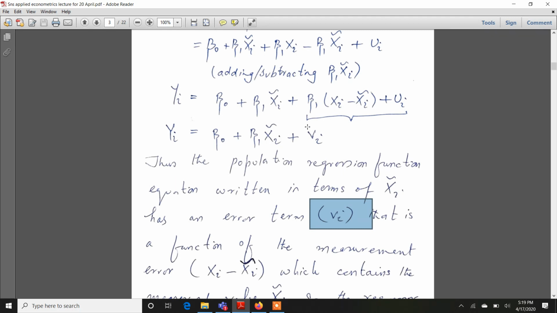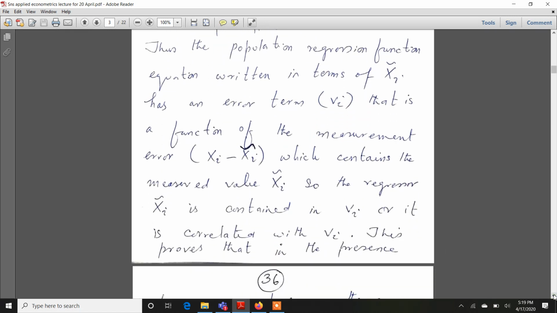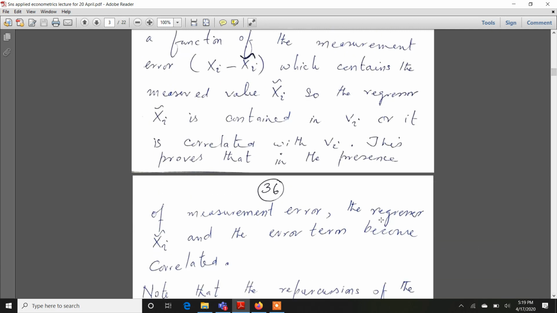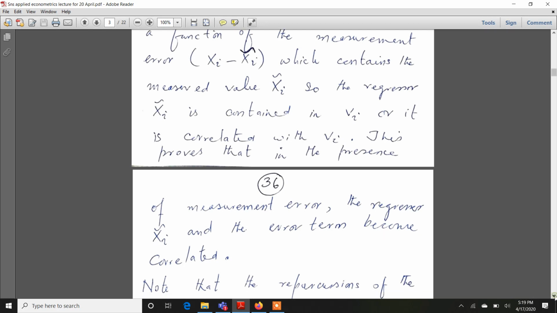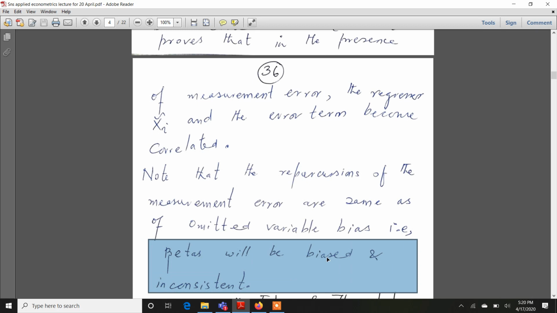So this random error is correlated with the measurement error, right? So this proves what we were trying to establish, that in the presence of measurement error, the regressor xi tilde and the error term become correlated. And by virtue of the topic covered in omitted variable bias, you can recall that whenever the regressor and the error term are correlated, we have the problem that the betas or the estimated coefficients are biased and inconsistent, right?